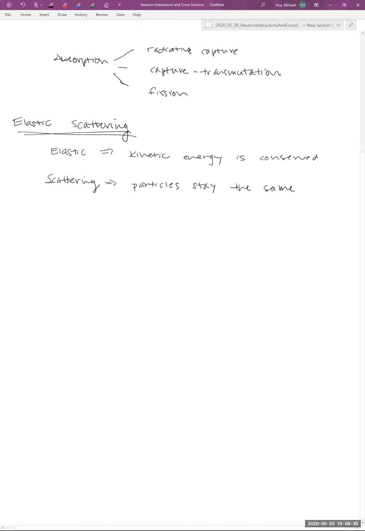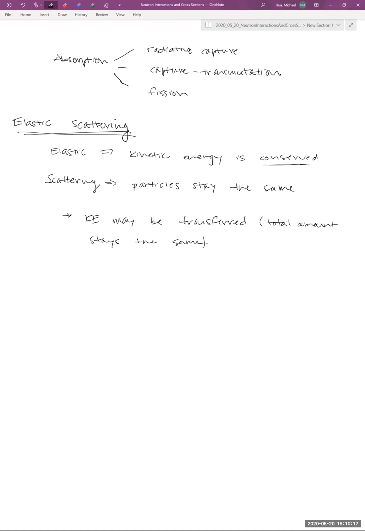When we say that kinetic energy is conserved, it's still allowed to be transferred, as long as the total amount stays the same. And oftentimes it will be transferred due to conservation of momentum and conservation of energy.